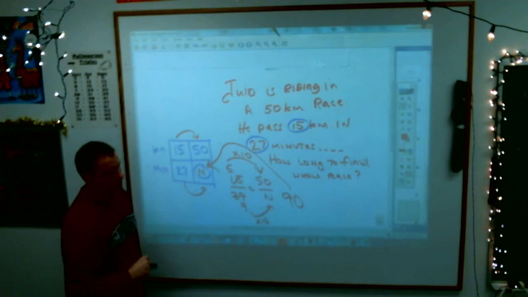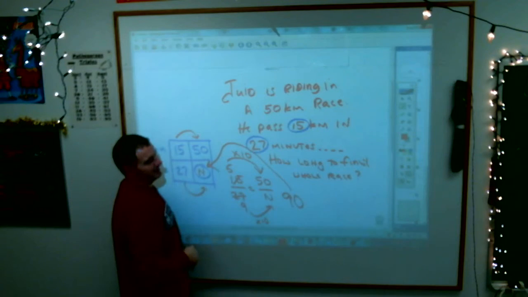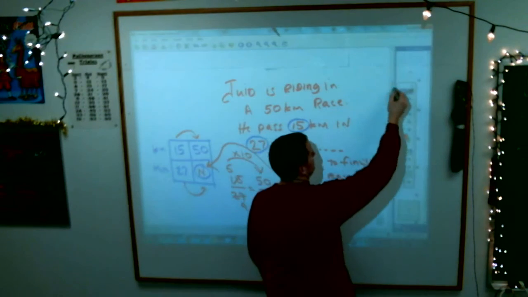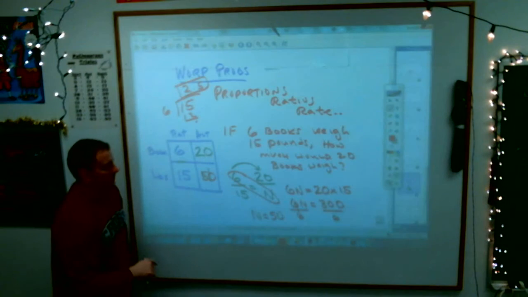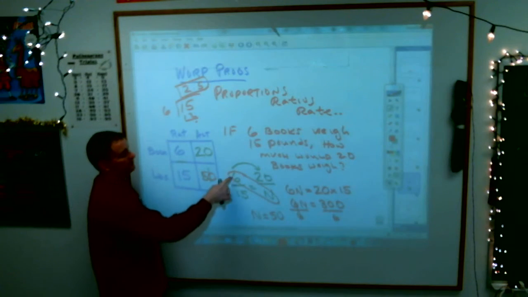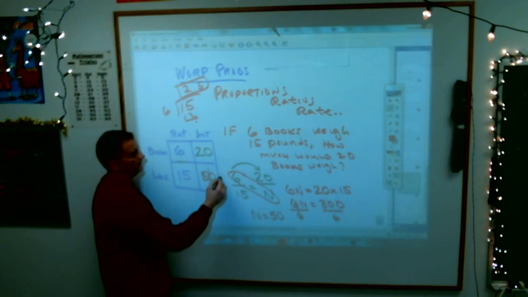Always check to see, by the way, I think we could have reduced on the last one. Back at this one here, I don't know if it would have done us any good. 6/15 could have been reduced to 2/5.